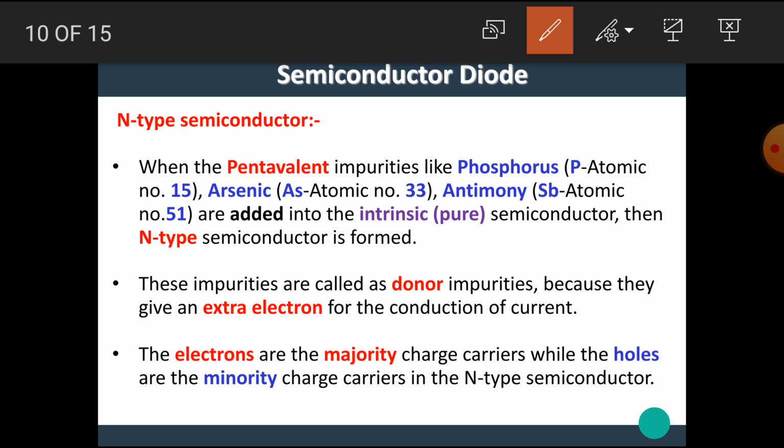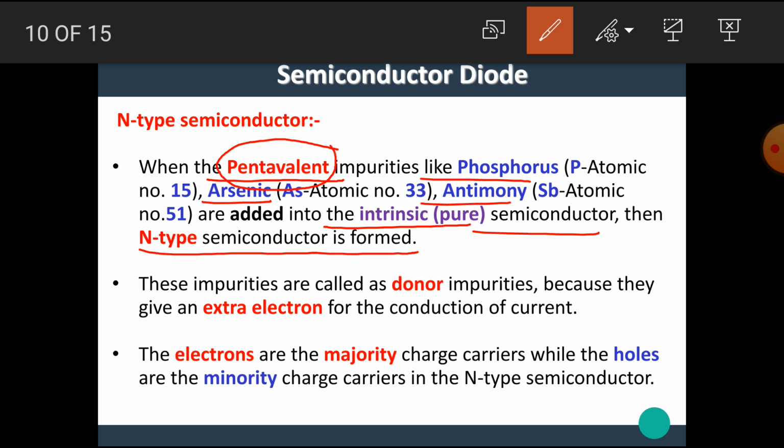N-type material. When pentavalent impurities like phosphorus, arsenic, antimony are added into intrinsic or pure semiconductor, then N-type semiconductor is formed. The question arises here, what is meant by pentavalent impurities or pentavalent material? It is very simple.